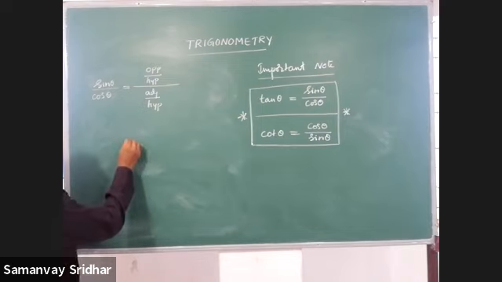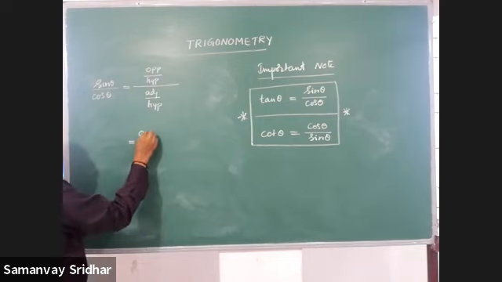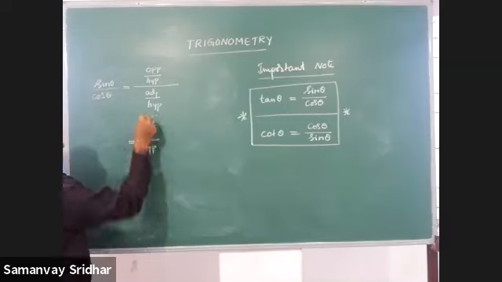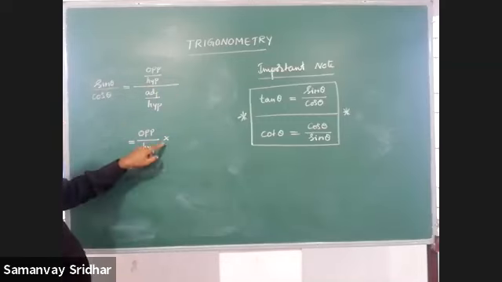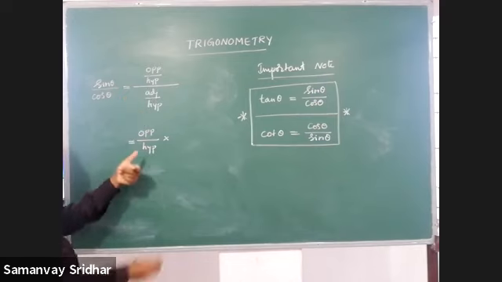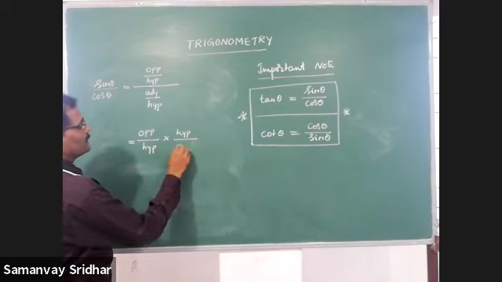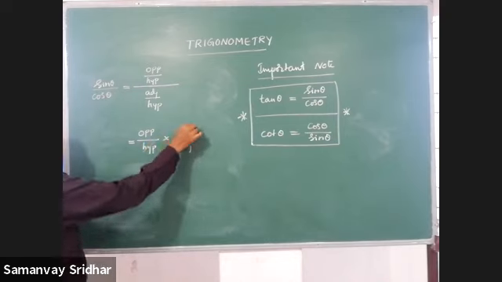Right. So I can cancel the denominator directly, or you can write like this. It will become opposite by hypotenuse, and it will become multiplication. When we change the division as multiplication, then we have to write the reciprocal of the denominator. Therefore, it is hypotenuse by adjacent. Now, hypotenuse cancel.